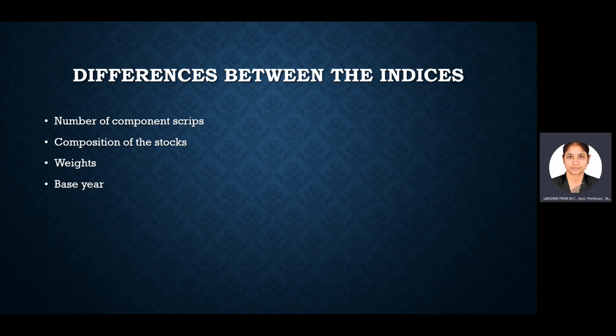Then the base year. The choice of base year also leads to variations among the indices. The base year differs from each other in various indices, and this base year should be free from any unnatural fluctuations in the market. If the base year is close to the current year, the index would be more effective in reflecting the changes in the market movement.